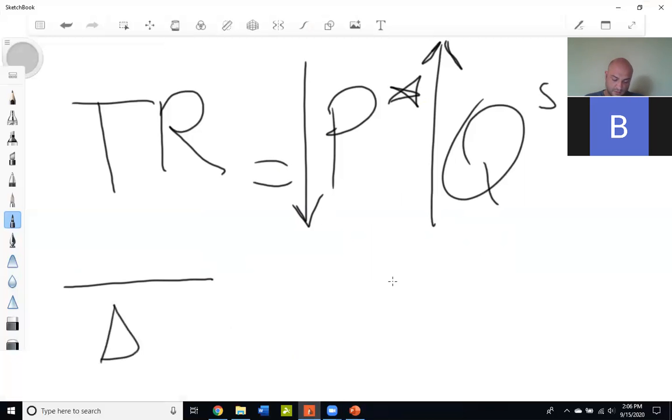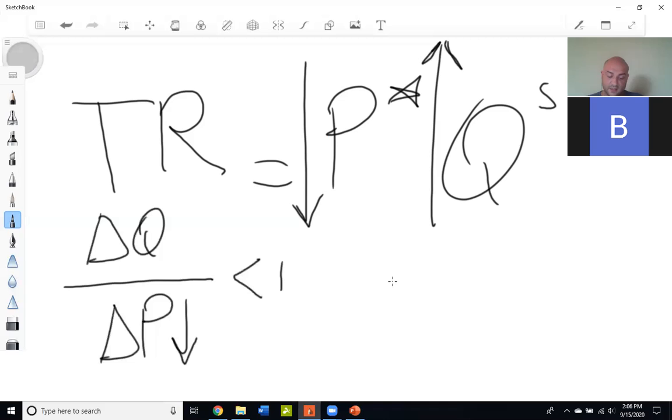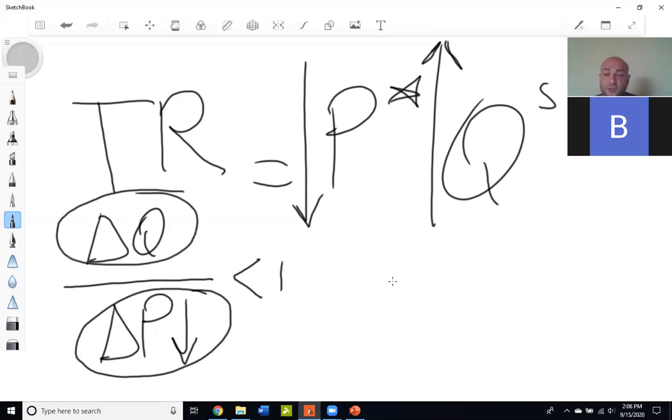Therefore, when your prices fall and your quantity of supply or demand, when the equilibrium doesn't matter, then it's inelastic. This is less than zero. Therefore, the change in prices will be bigger than the change in quantity.